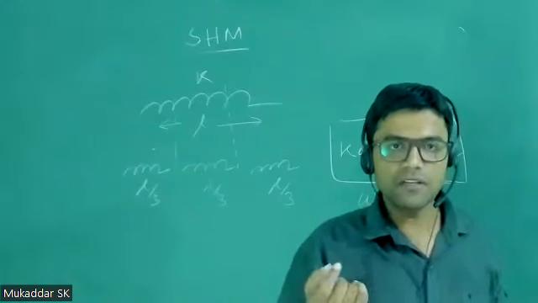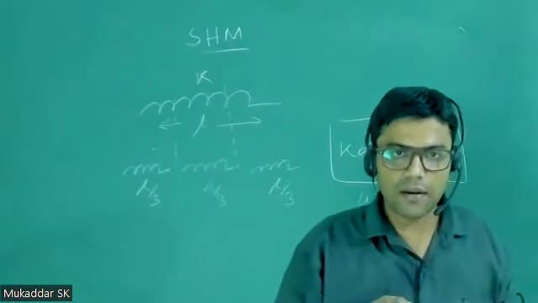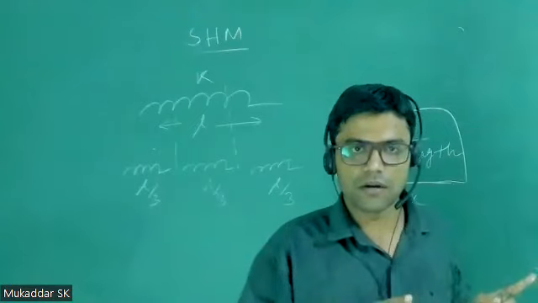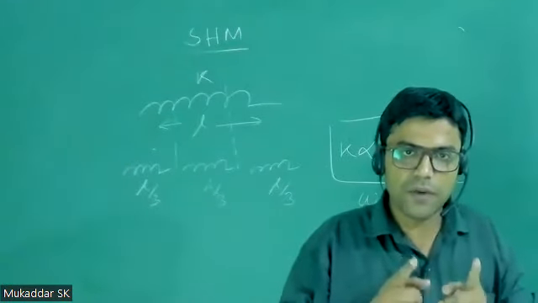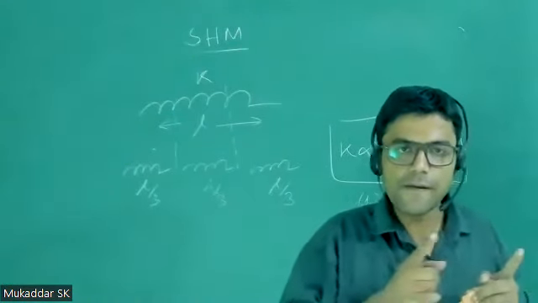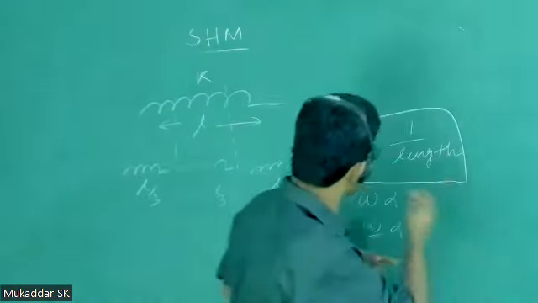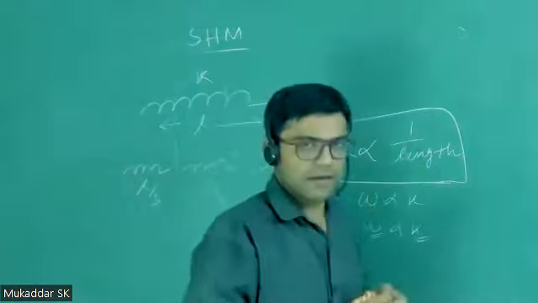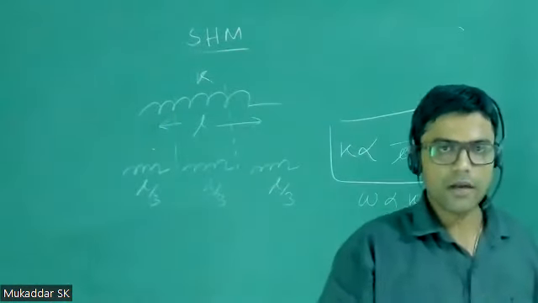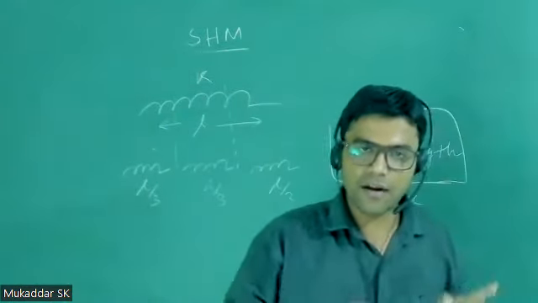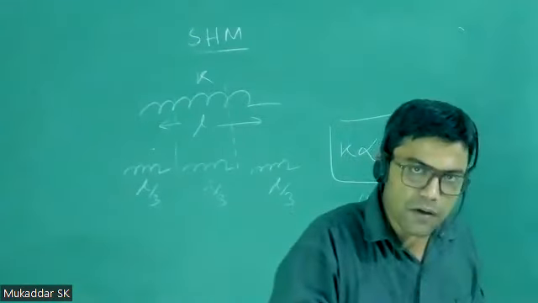Why? Because the work done depends upon the spring constant. So the spring constant of the small spring will be greater than that of the larger spring. It is a fact that spring constant is inversely proportional to length. So the spring having large length will have a small spring constant.